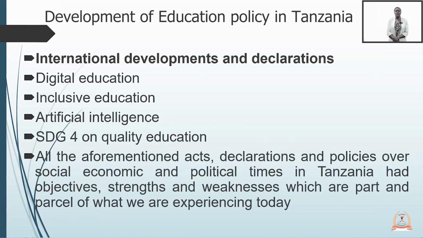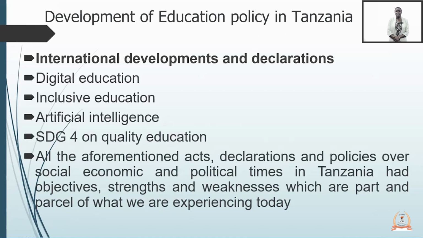We are talking about issues of inclusive education, where students with different abilities are supposed to be accommodated in normal classrooms so that they can get an equal chance to learn. We have recent issues of artificial intelligence. We have the Sustainable Development Goals, especially Sustainable Development Goal number 4 on quality education, and many other recent developments in education.